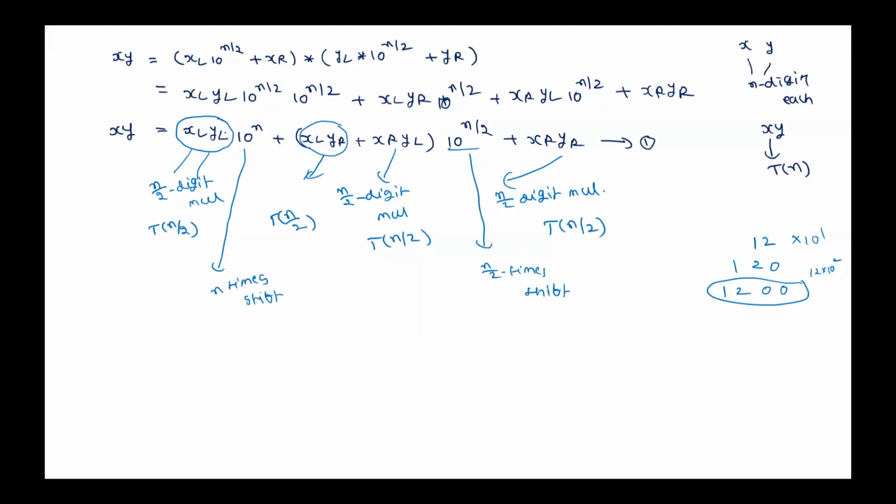Is that okay? Whatever multiplication result we get here is maximum n plus 1 digits.